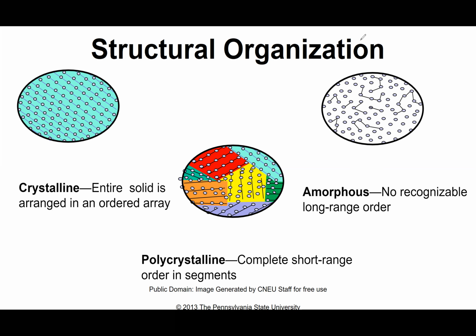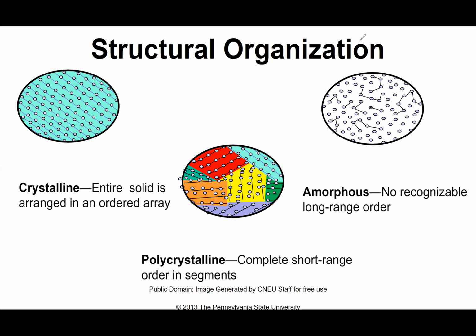And then the polycrystalline, within each of these colors, the atoms are ordered nicely, but each of these different colors is a different crystal pattern. So it could all be the same material, they're just not aligned, the whole thing isn't aligned properly or according to the pattern.